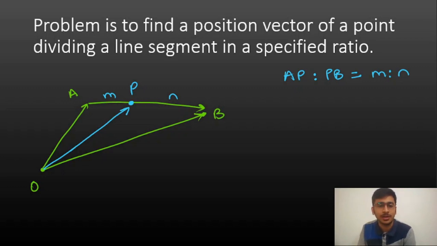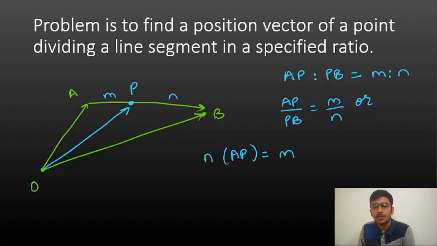They lie on the same line. So they have the same direction. So I can simply write down that AP upon PB is equal to M upon N. Okay. I don't think we have any problem till now. Or I can simply cross multiply this equation and I'll get N times AP vector is equal to M times PB vector. Correct?